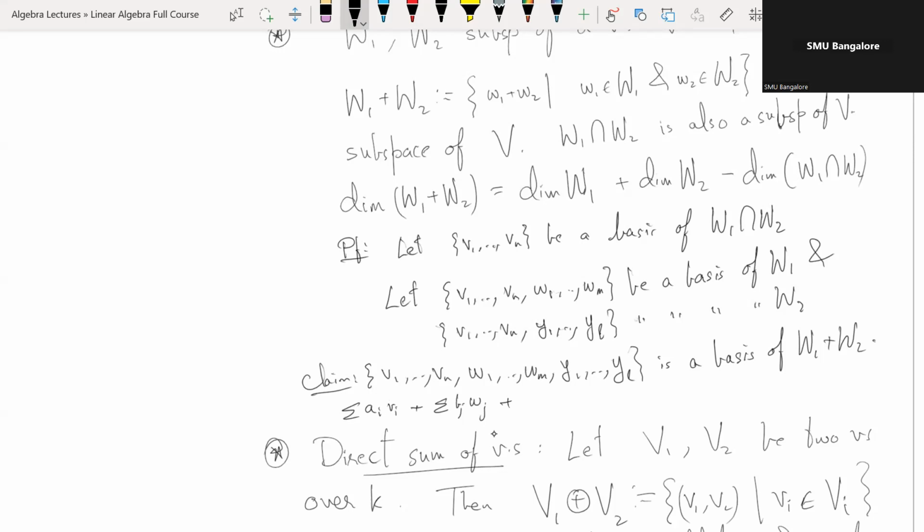I should change the base field to be F rather than K, but we'll change the base field slowly. So suppose you have such a relation, that this is zero.